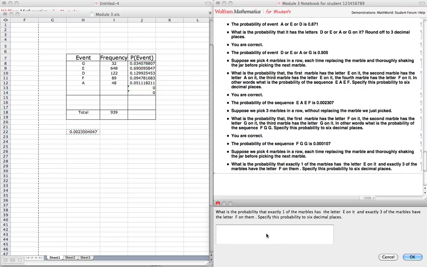Okay, and round off to 6 decimal places.